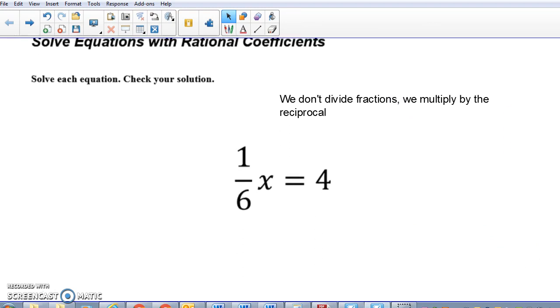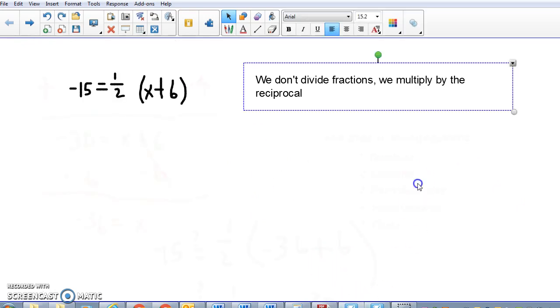Alright. So, I look at this problem. I'm trying to solve for x. On this side, I'm also going to pull over my 5 steps for solving the equation.